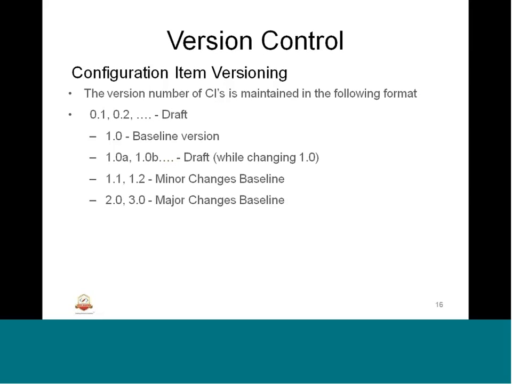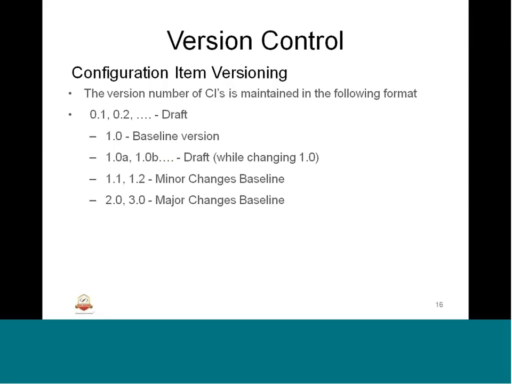configuration item versioning. This is a very important aspect. Here we identify a draft version, baseline version, minor changes baseline, and major changes baseline. So the drafts will usually be in terms of fractional elements like 0.1, 0.2, etc. Baselines will be 1, 2 in increments of the integers.